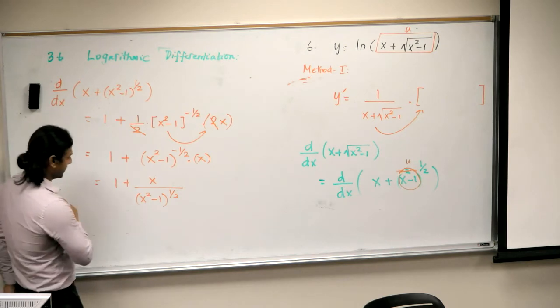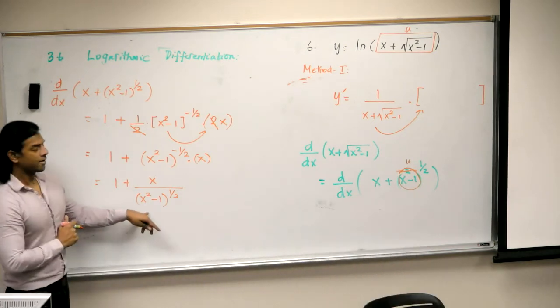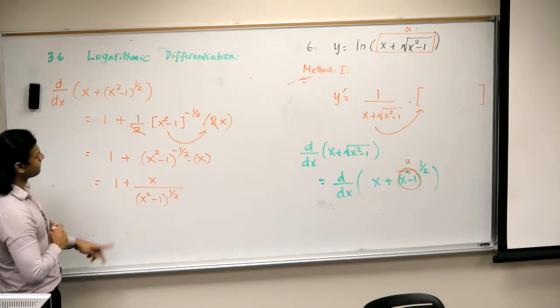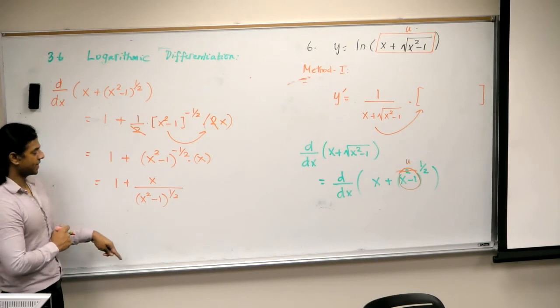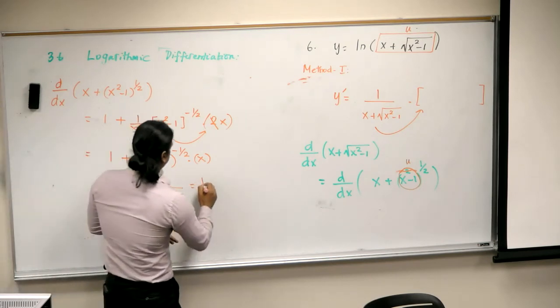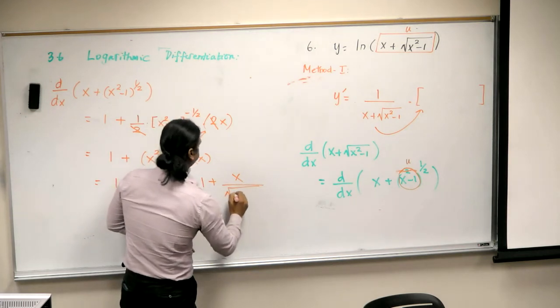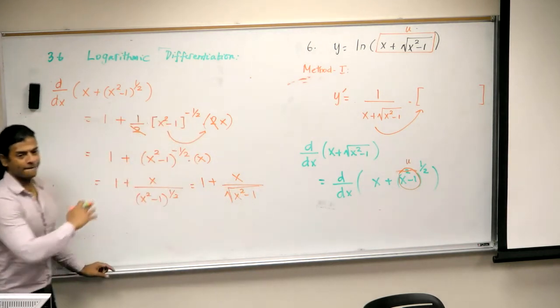Nice, it's actually going to get simplified further. So I can rewrite this as a radical. Now you have 1 over x plus the square root of x squared minus 1. Good so far?